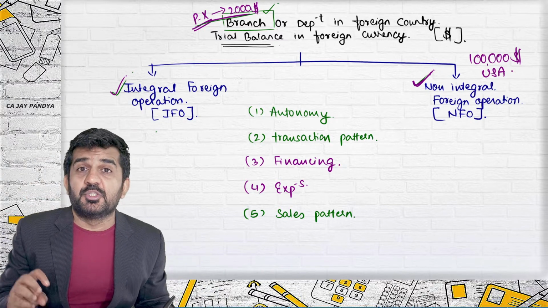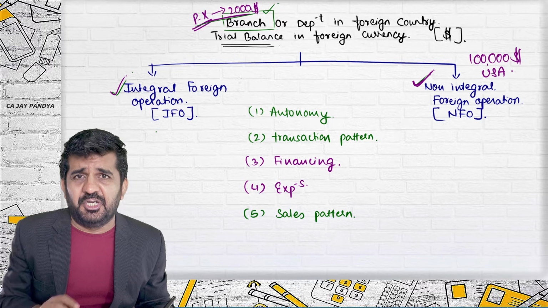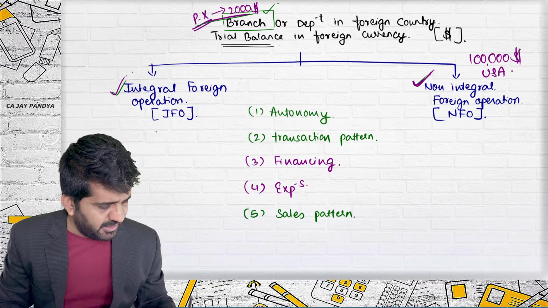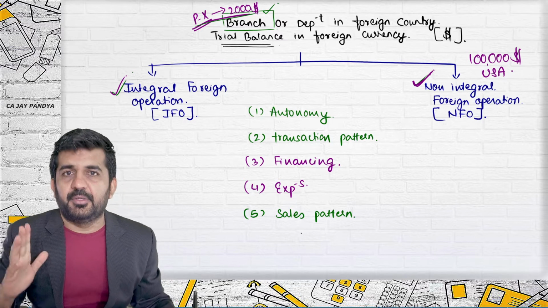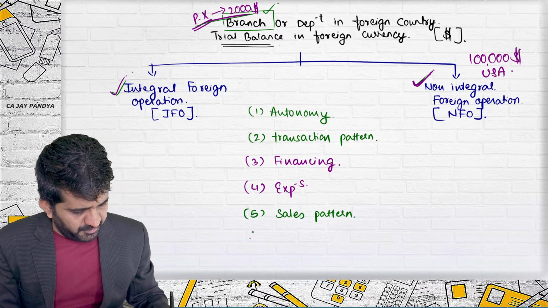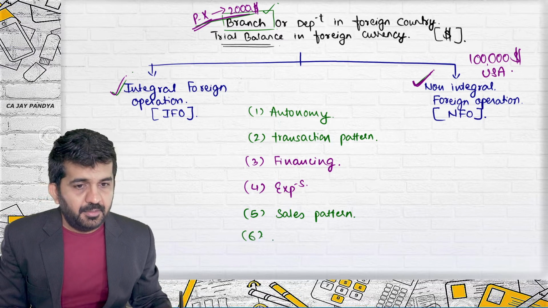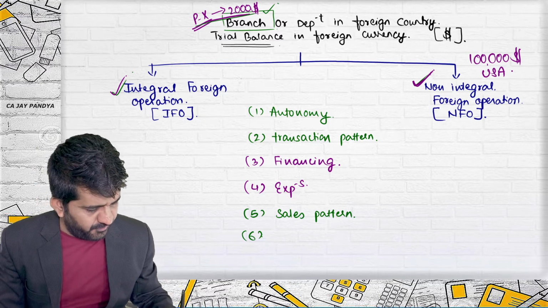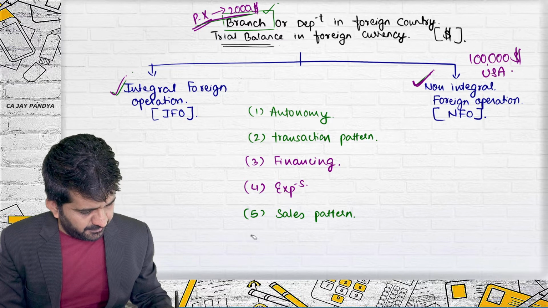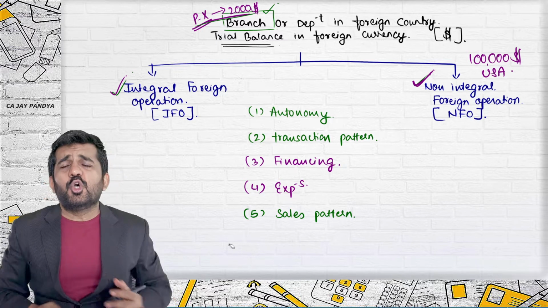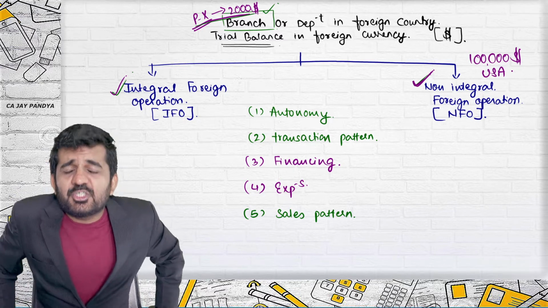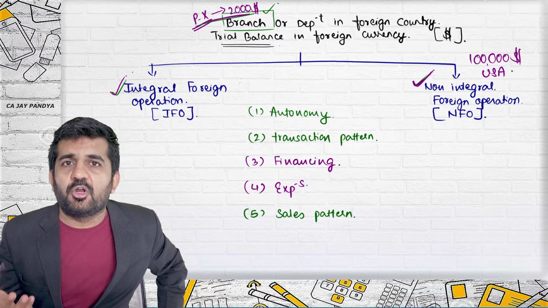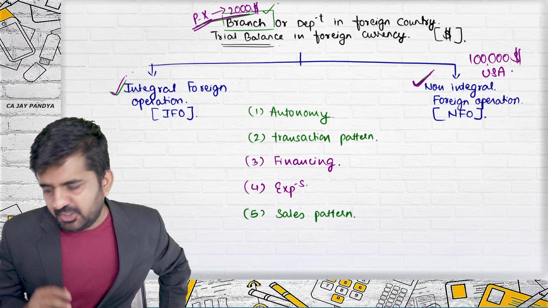If it is manufactured in India and practically just transported to be sold in USA, it will be integral foreign operations. And we have also done the price of the product, so we are not writing it down separately. So these are some of the characteristics or criteria to decide whether an operation is integral or non-integral foreign operations.